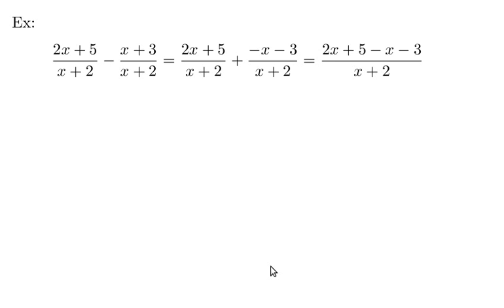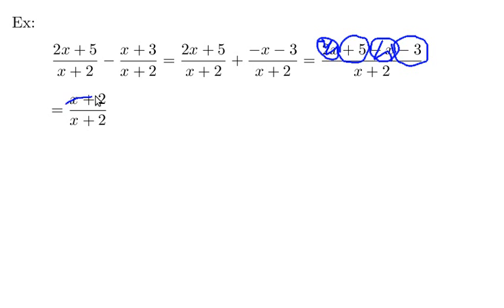Now I can combine this 2x and this minus x to just make x, because 2x minus x is just x. Then this plus 5 and this minus 3 is just going to be plus 2, all over the denominator, which stays the same, x + 2.